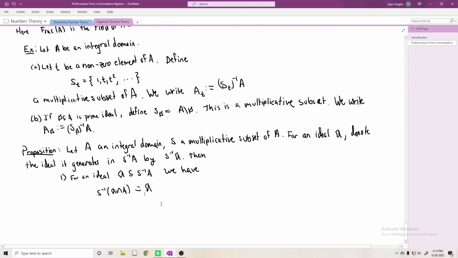Essentially what this says is if I have an ideal in the localization, I can realize that as the localization of an ideal in A.